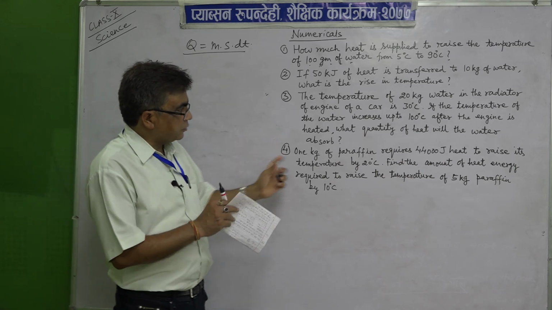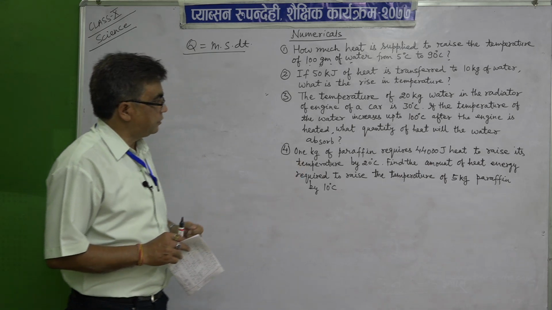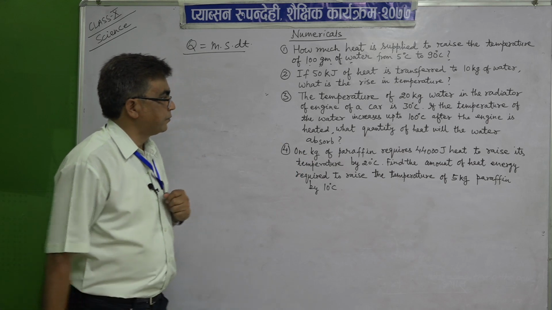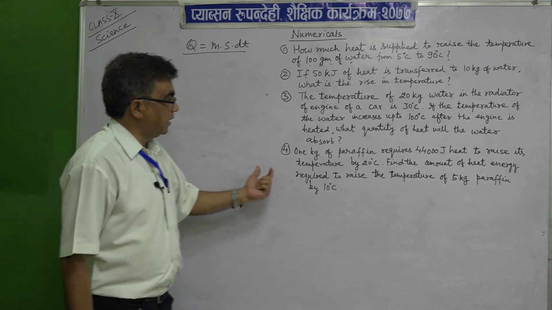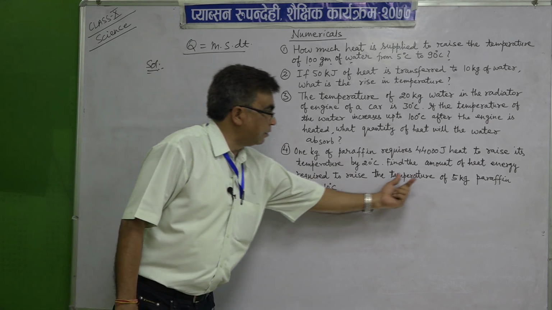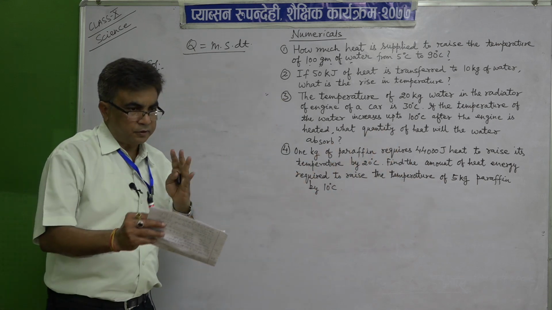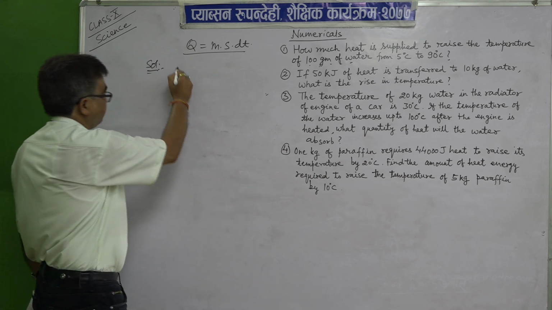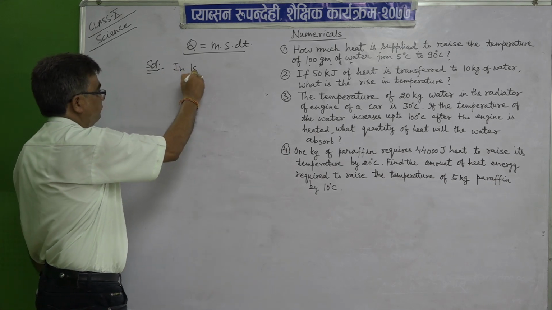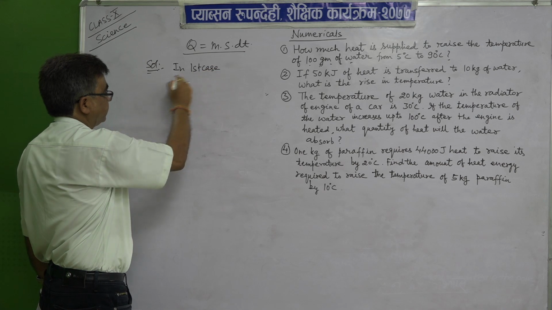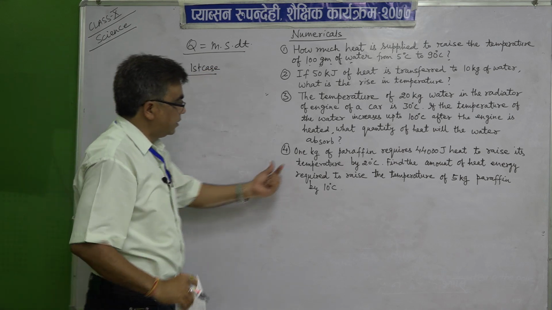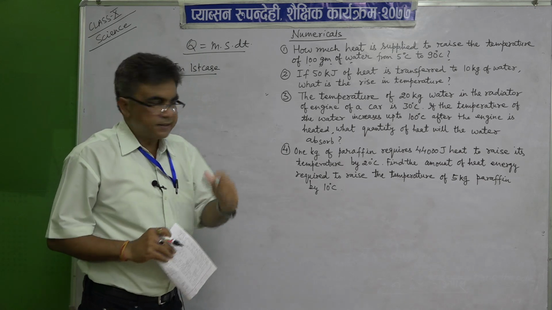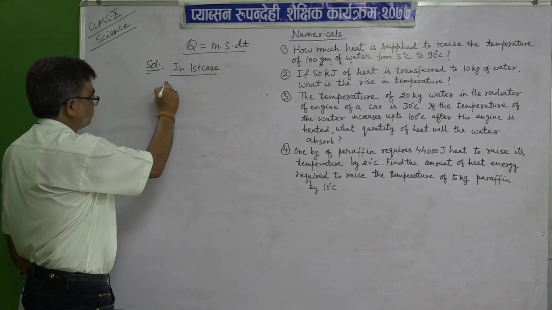So, it is little bit different. You can say there are two cases. In the first case, mass of the paraffin is 1 kg, but in the second case, mass of the paraffin is 5 kg. So, there are two cases. In first case, what we get? See, if you see this question, 1 kg of paraffin, that means mass of the paraffin is given, m.